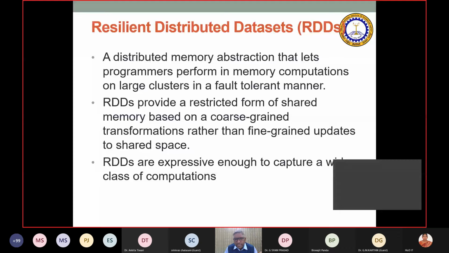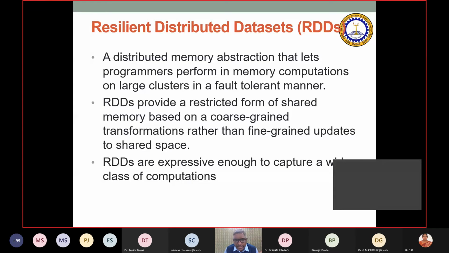In-memory computation is where the whole data is copied into the RAM and the computations are done, and it doesn't go back to the secondary storage and then come back to the RAM. Most of the computations are done in the RAM itself. So there is a huge saving of time, at least 10 times faster.